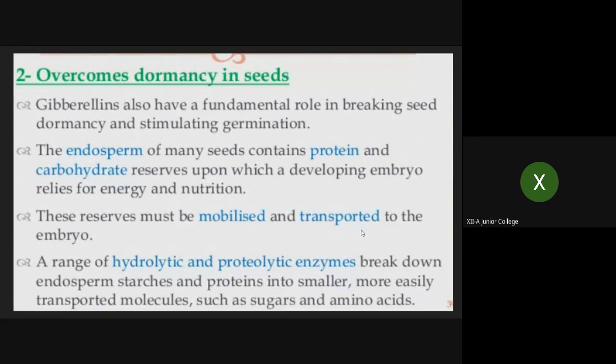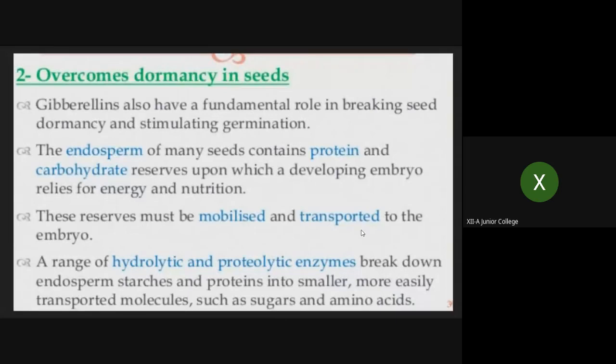And in the case of all types of seeds, this dormancy period is different. All the seeds show a dormant period. That resting period is there in the case of all plants, all the seeds, but it varies from species to species. In a few species it is hardly a few days, in some it is a few weeks, in some cases it is months, in some cases it is so many years also.